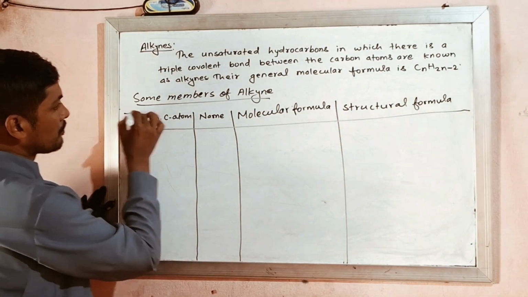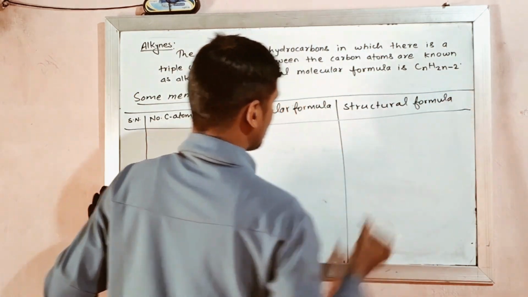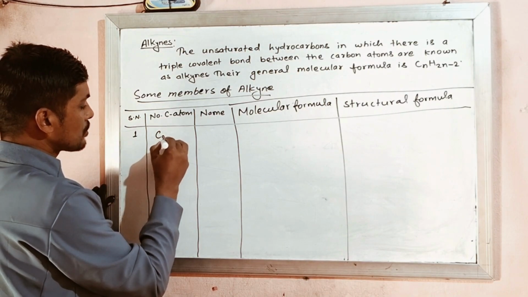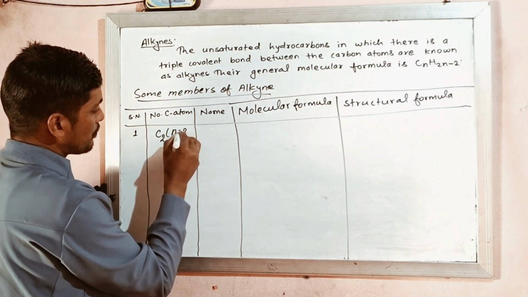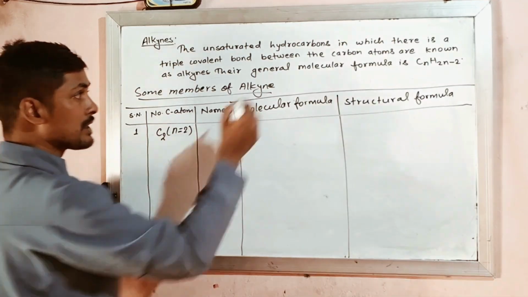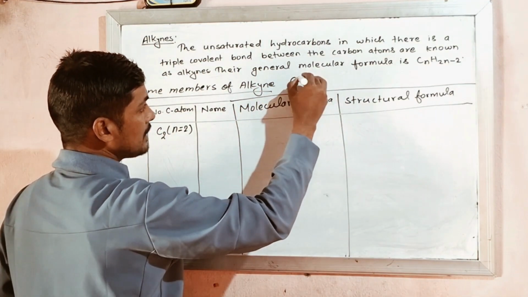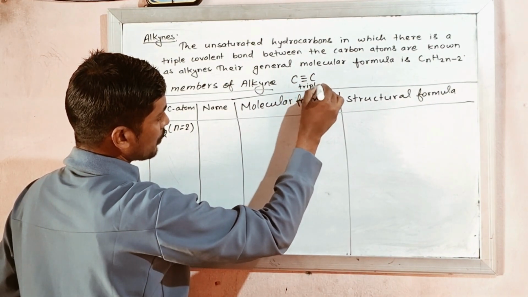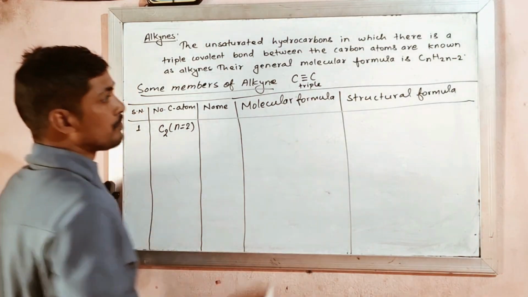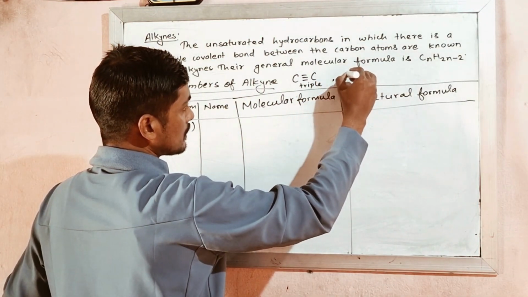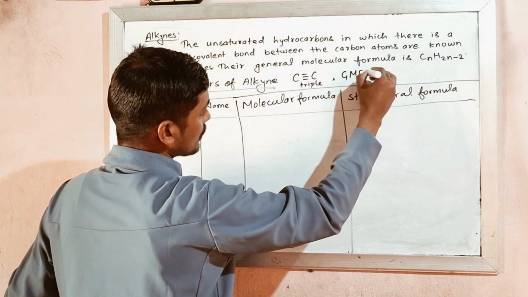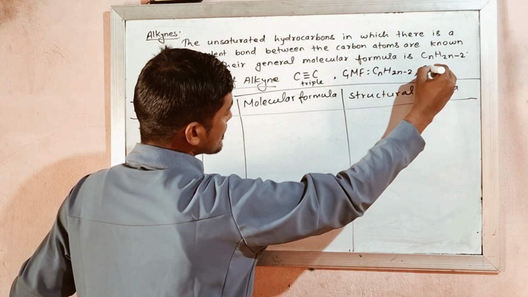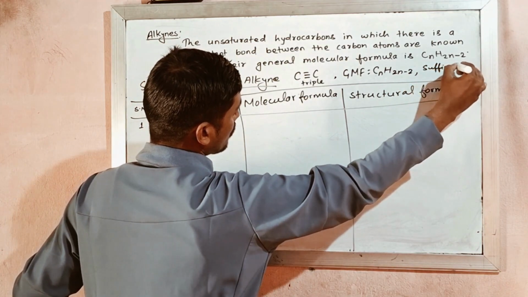The first member of alkyne: C2, n is equal to 2. Here, one thing we have to write: C triple bond. Alkyne means triple bonded hydrocarbons. General molecular formula, GMF, is CnH2n minus 2, and suffix yne.